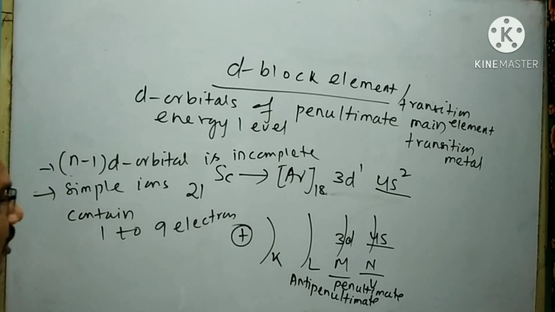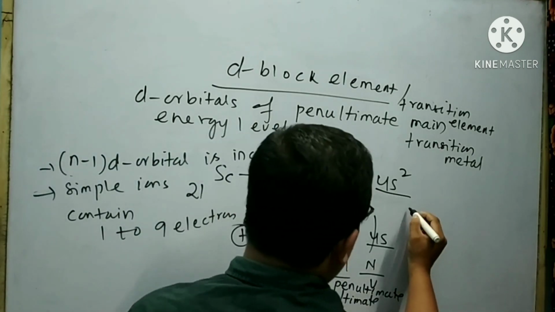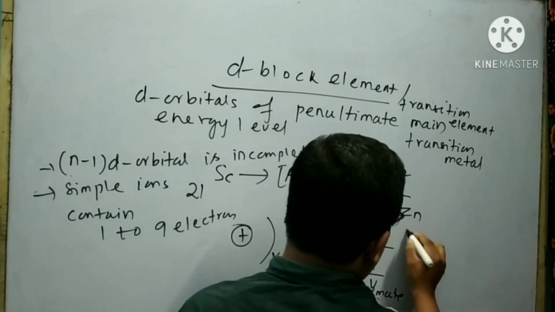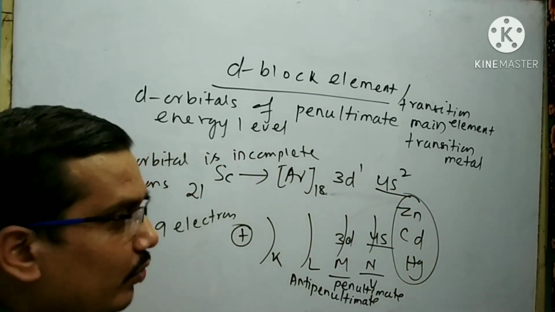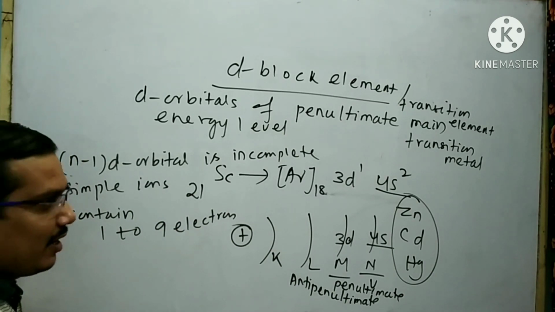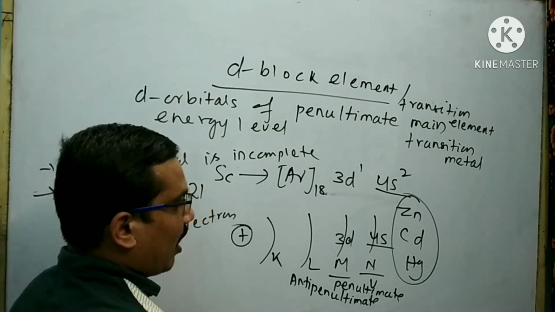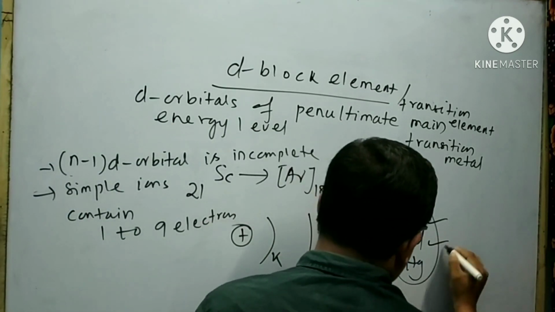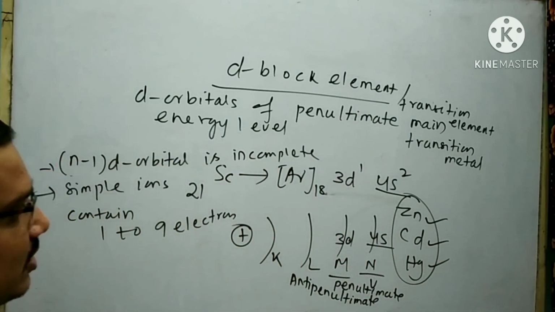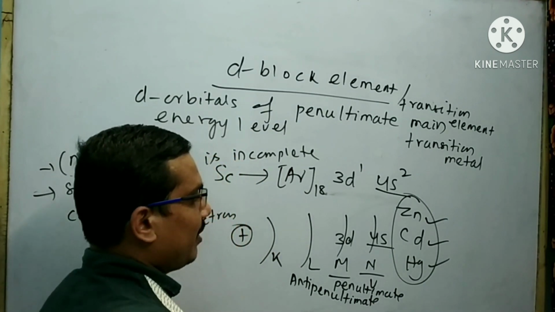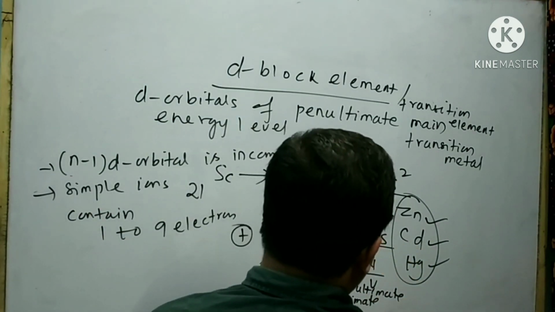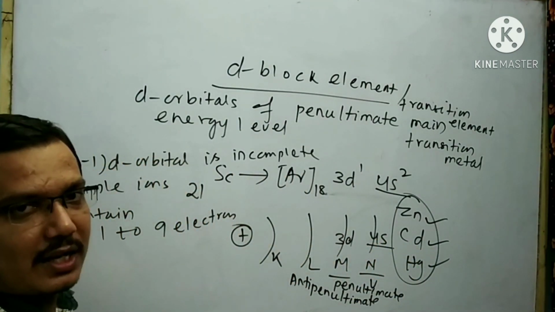If you think about zinc, cadmium and mercury, these three elements do not have an incomplete d orbital. However, these three elements obey the properties of d block elements, so they are included in the d block elements.